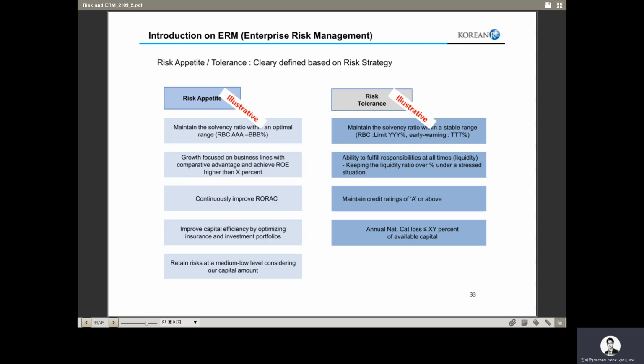For the risk tolerances, we are pursuing maintaining a stable solvency ratio with the ability to fulfill responsibility at all times, maintaining credit ratings, and annual net cat losses below some percent of our capital, which is closely related to the RBC ratio.